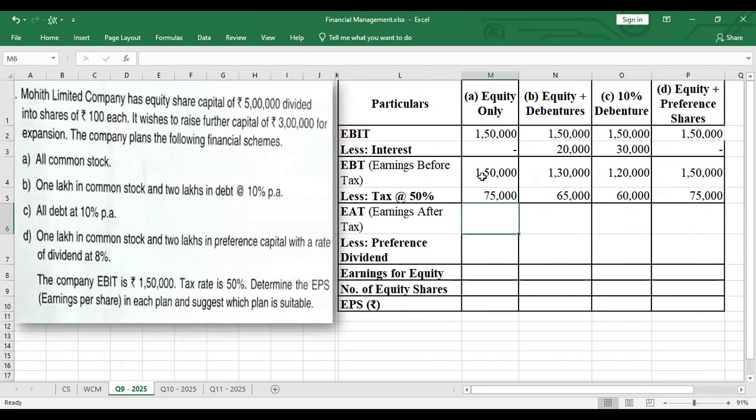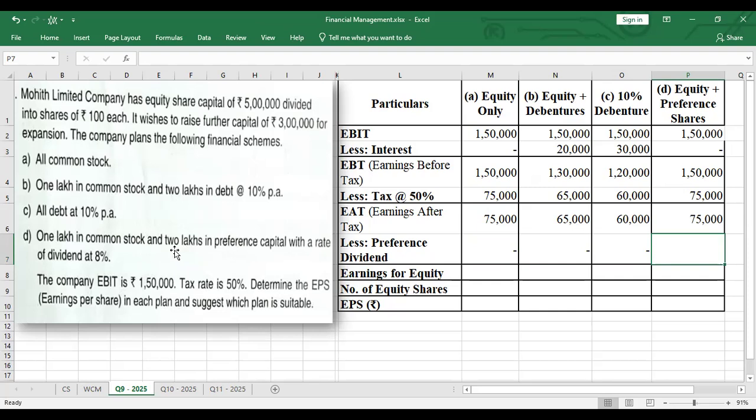Next one, if you simplify, 1,50,000 minus 75, that is 75,000, 65,000, 60,000, 75,000, minus preference dividend. In which case are you having preference? First plan says that only common stock, so no preference share, so nil. Second plan says that equity plus debenture, so no preference, nil, nil. In fourth plan only we are having preference shares, that is 8%.